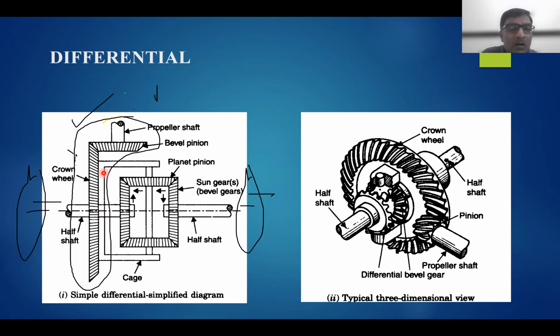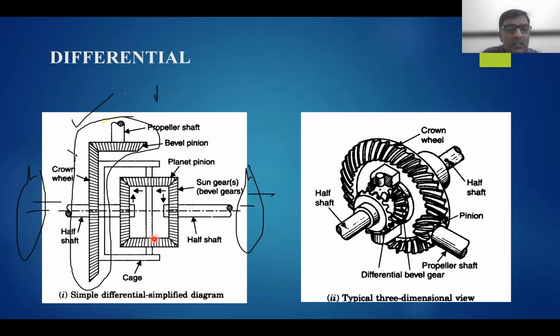Remember that on this crown wheel there is one cage which is mounted. This is called a cage. Actually it is part of the differential, so sometimes it is called a differential cage or differential housing. This cage has one shaft.